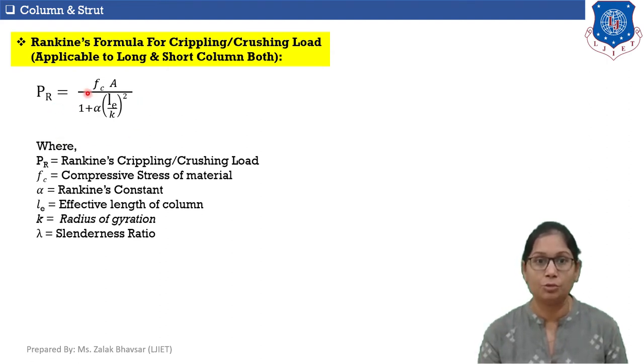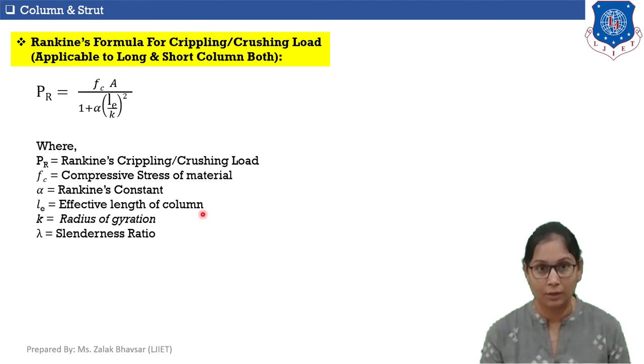PR is equal to FC into A upon 1 plus alpha LE upon K square. Here in this equation, PR is Rankine's crippling or crushing load, FC is the compressive stress of the material, alpha is Rankine's constant, LE is the effective length of the column, and K is the radius of gyration.